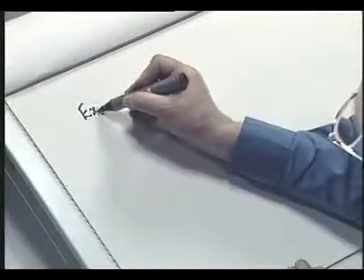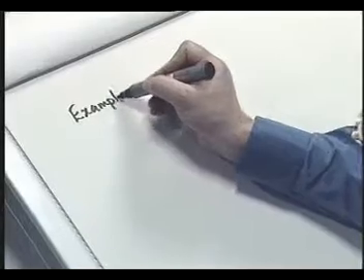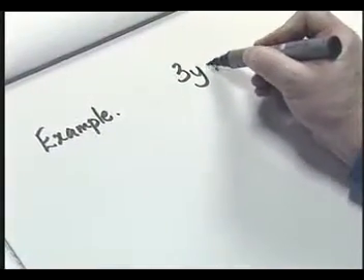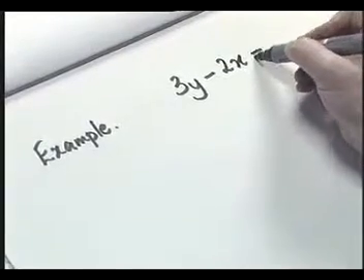Now sometimes, when we get the equation of a straight line, it doesn't always appear in the form y equals mx plus c. Let me give you an example. Let's consider this equation: 3y minus 2x equals 6.